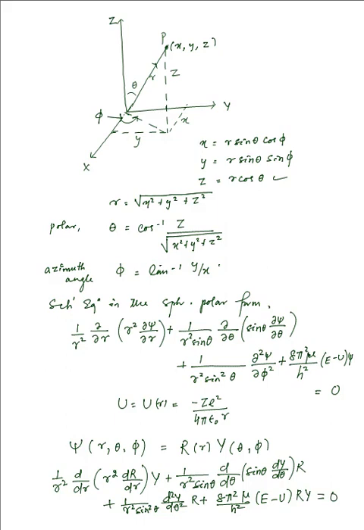So this is now the Schrodinger equation with the variables depending on different coordinates in the spherical polar coordinate system.